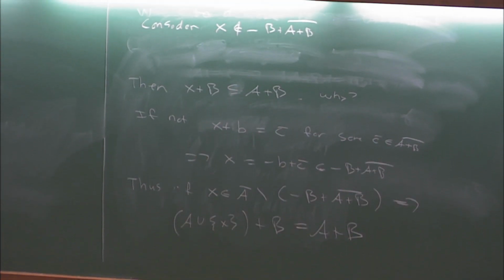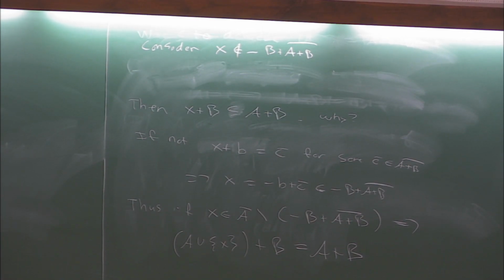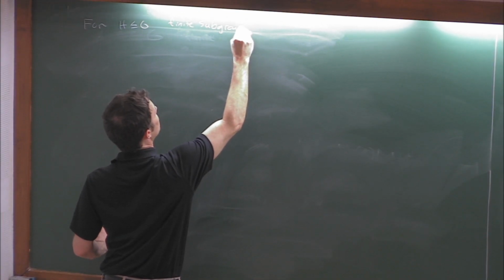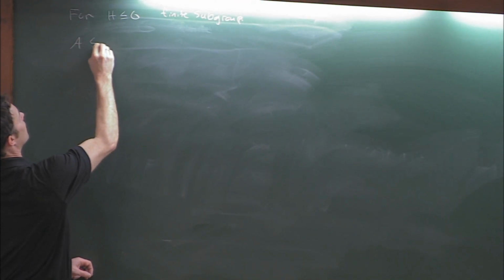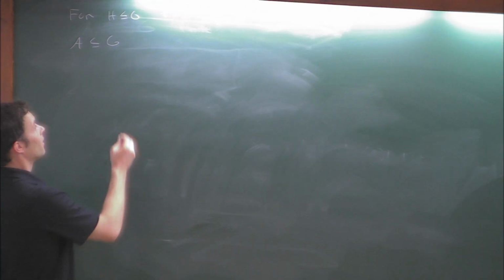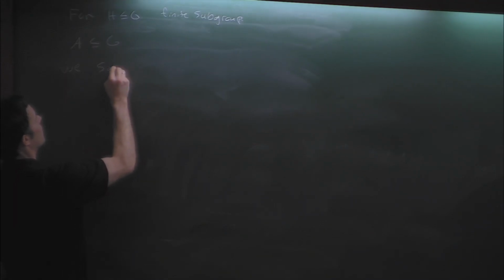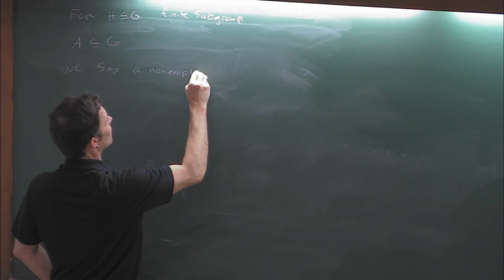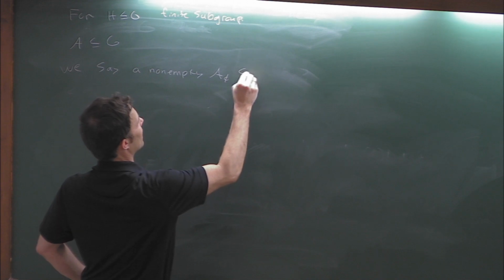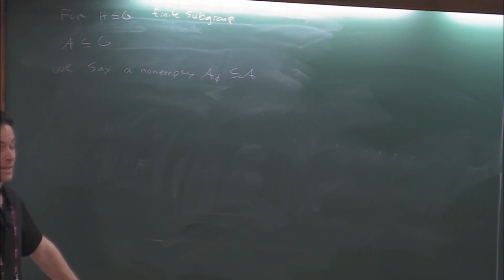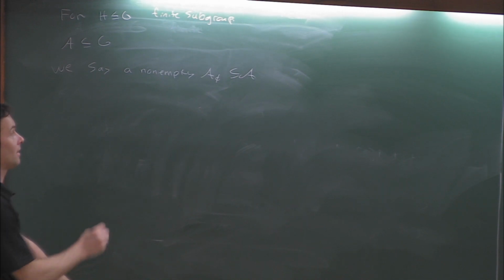Let's consider H a finite group, and A a subset of G. Let's say we have this non-empty set, which we're just going to call A naught, inside A, that induces an H quasi-periodic decomposition.